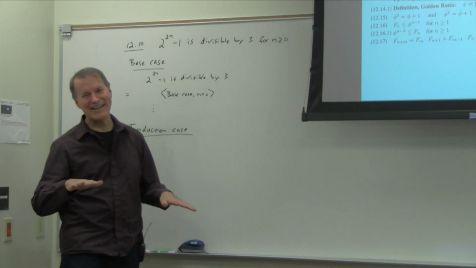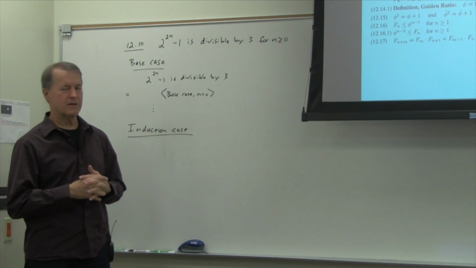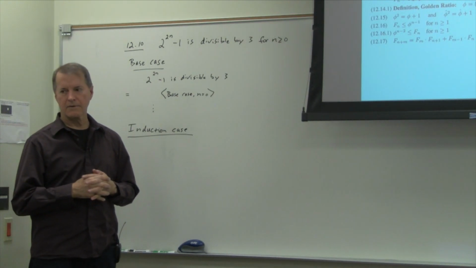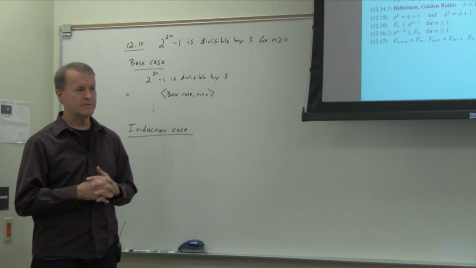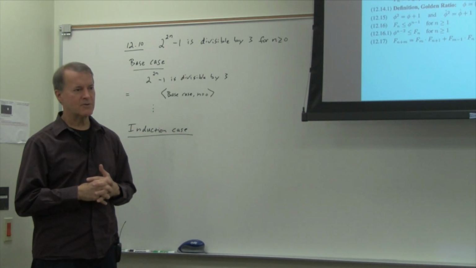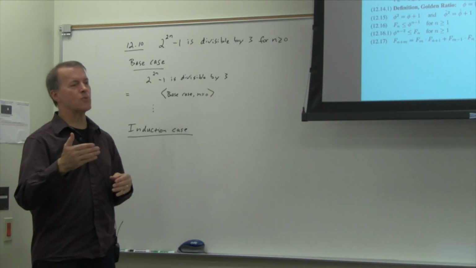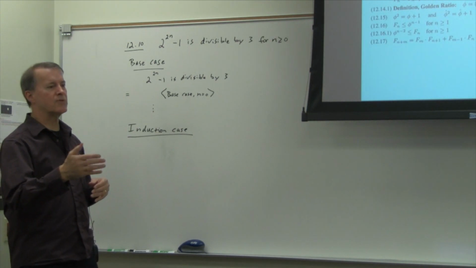Little shaky on that? 0 divided by 3 is 0. 0 is divisible by 3. It just seems kind of weird though. Well, 3 is divisible by 3. Why is 12 divisible by 3?